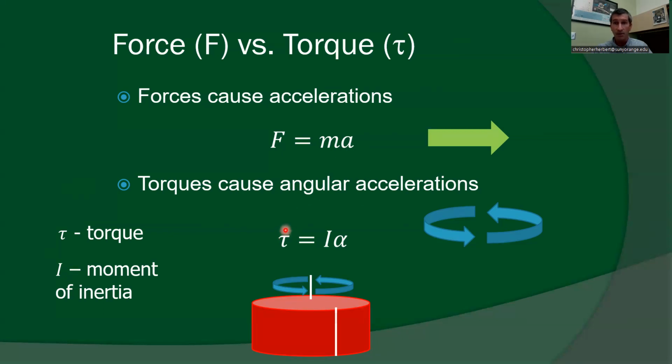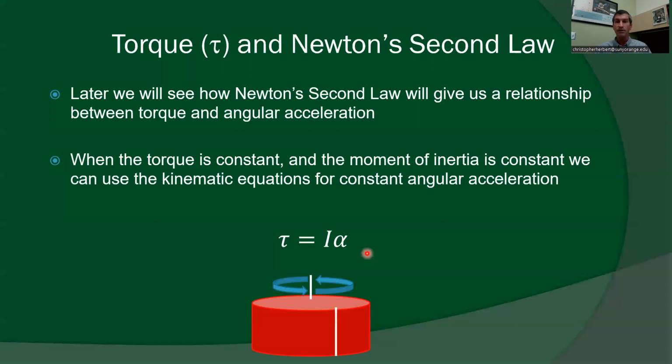As long as the net torque on a system is constant, and you've got to be careful here because we can change the moment of inertia pretty easily by redistributing the mass from the axis. As long as these two are constant, obviously the angular acceleration is going to be constant, and we can use those kinematic equations.